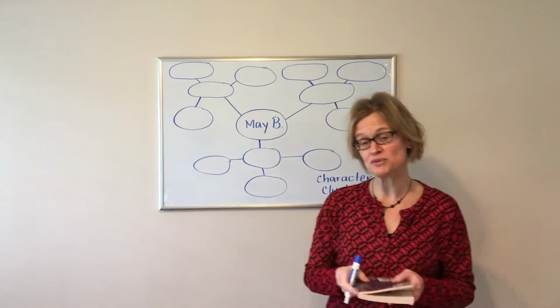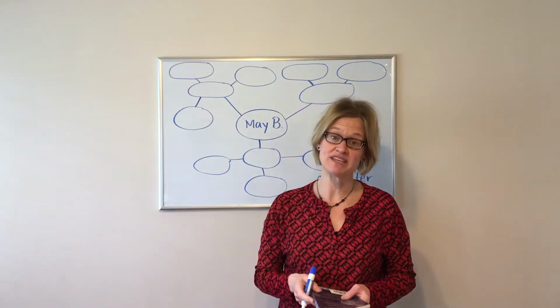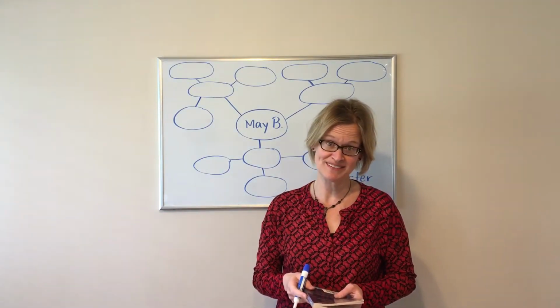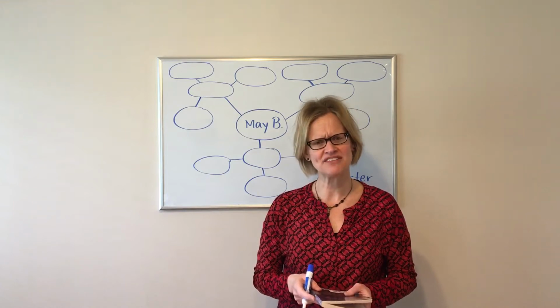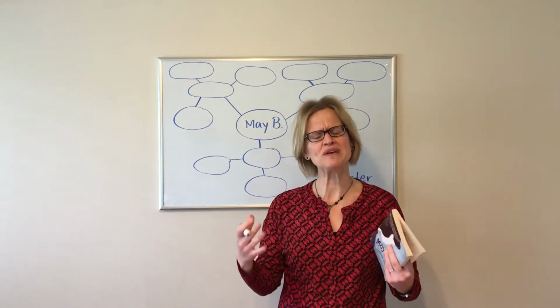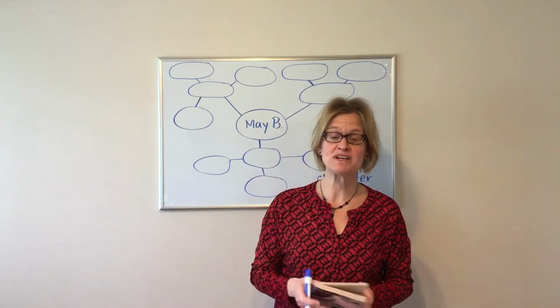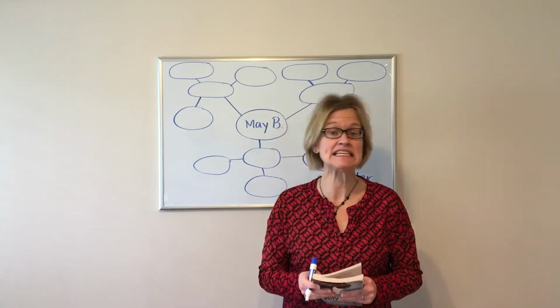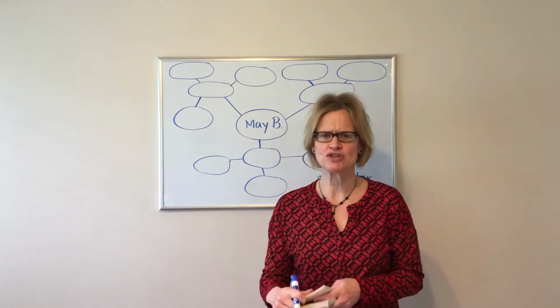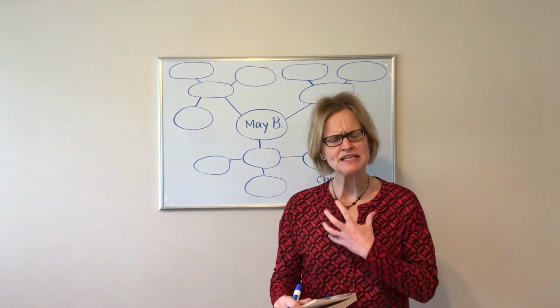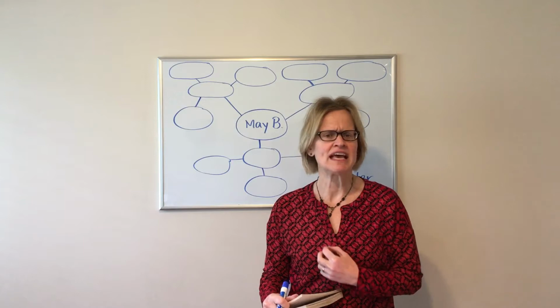Now you understand what character traits are because we actually use that in our research reports that you've done. And so what we're going to do is identify what are some words that we can use to describe the character of May B. Now this past week you've studied external conflicts and internal conflicts. Internal is person versus self, something that they're struggling with.